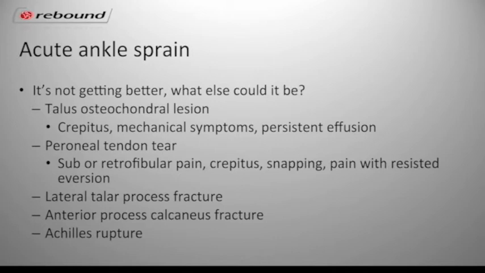Won't necessarily show up on an x-ray. So someone comes in, it's a couple of months after their ankle sprain, they say it just keeps doing this, clicking or this sharp pain every once in a while. That's potentially to blame for it there. And really the study of choice for that type of an injury is an MRI.